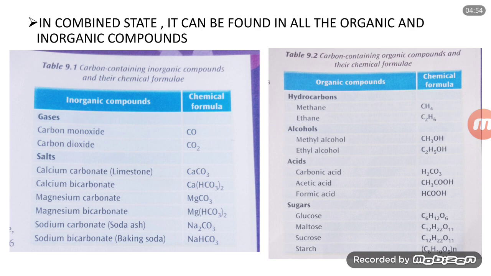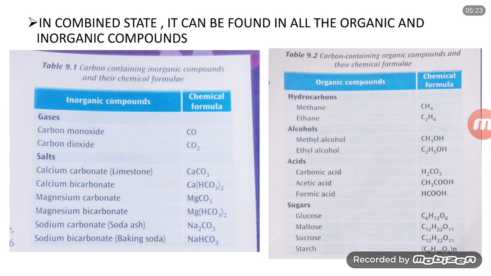Coming to acids, carbonic acid, acetic acid and formic acid, these are the acids. Carbonic acid is formed when carbon dioxide combines with water, and it is found in carbonated drinks like Coca-Cola, etc. Acetic acid is also consumable in the form of vinegar, whose formula is CH3COOH.